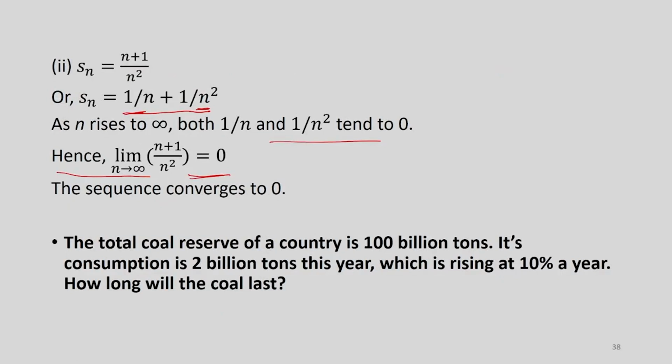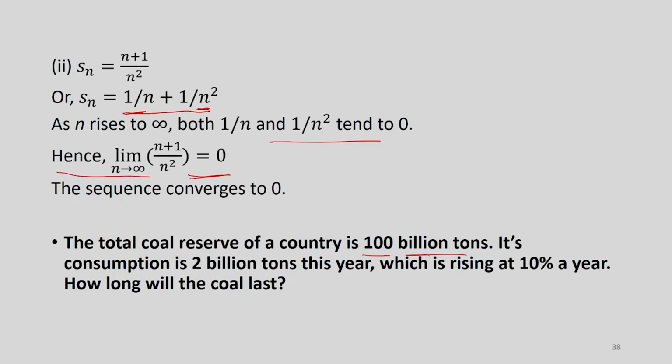All right, here is another problem in the same slide. The total coal reserve of a country is 100 billion tons. Its consumption is 2 billion tons this year, which is rising at 10% a year.